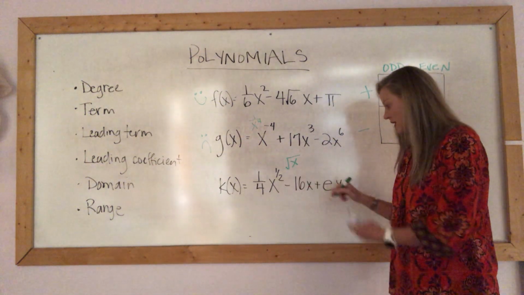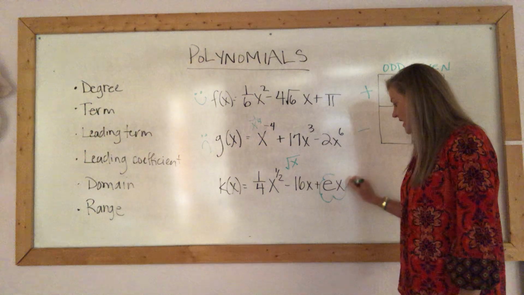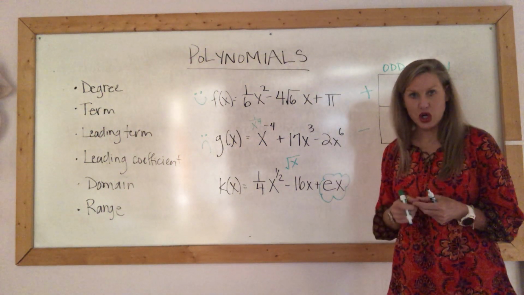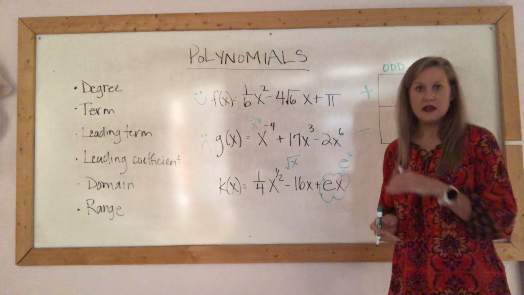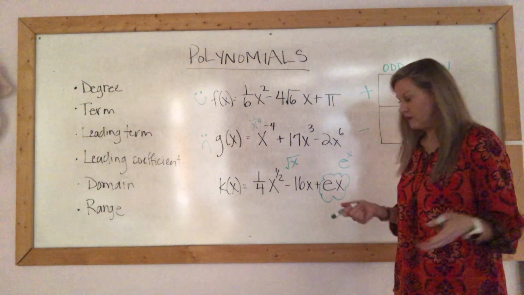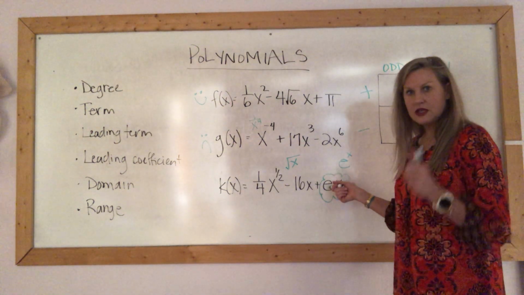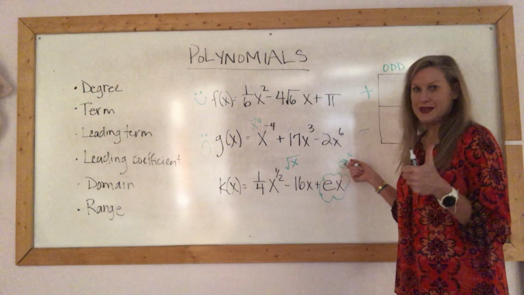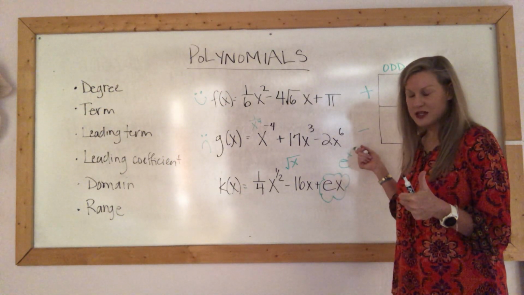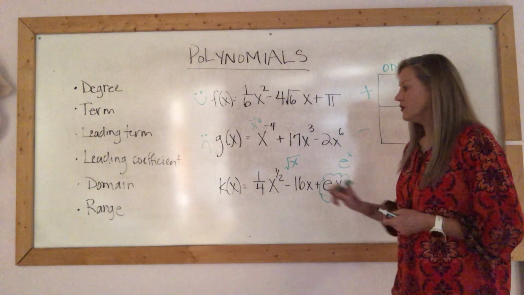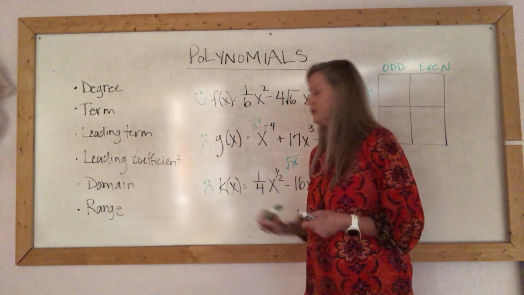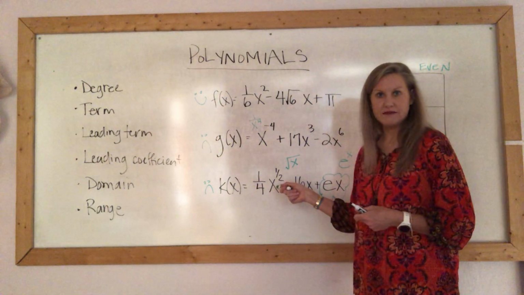If this was a polynomial, e times x would be a safe term. E raised to the x is not a safe term. E as a coefficient, great. E as the base with x as the exponent, not great for polynomials. So you flunk because of the first guy.